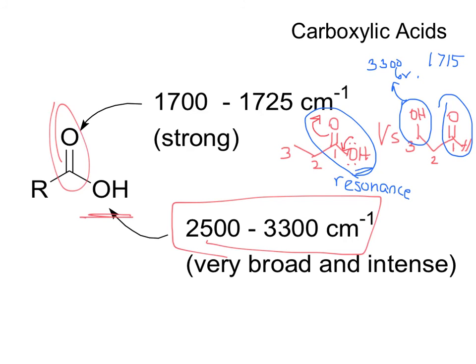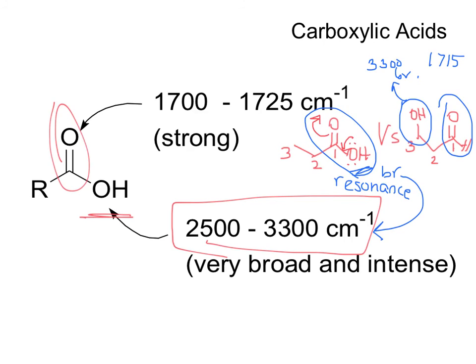You're going to see the OH in case of carboxylic acid to be pretty broad too. But because there is an electron withdrawing group right next door, which is the C double bond O, since it's going to pull electrons towards itself, that is going to actually show up at 2500, so much earlier as compared to the 3300 in case of a true alcohol. So alcohols show up the OH, a broad OH past the 3300 mark.